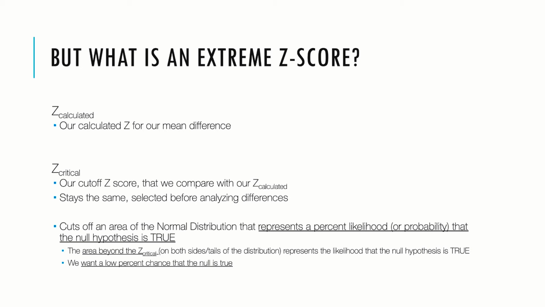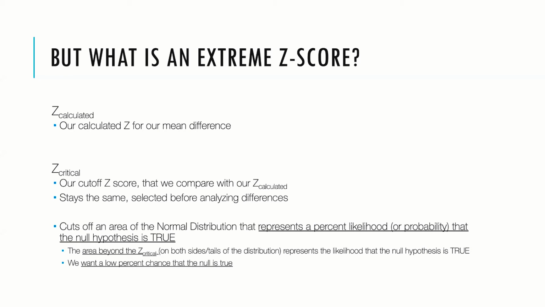So everything beyond that point, that z-critical point on both tails, that finish line on both tails, we can add up the area in those tails to tell us what % likelihood the null is true. Remember, we had cutoffs when we said, 68, 95, 99. That implies cases in the center of the distribution. But if we have 95% of the cases in the center of the distribution, how much % is on the tails?